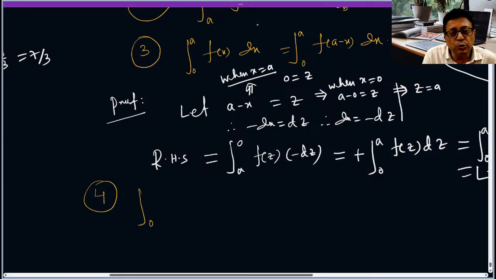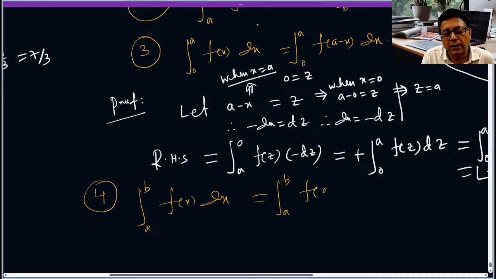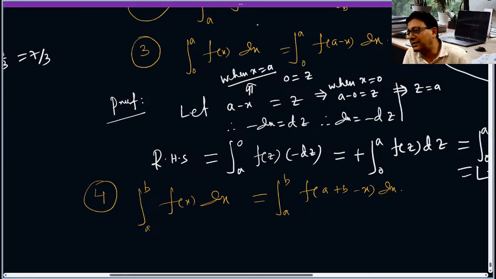It is a to b. ∫ₐᵇ f(x)dx equal to, similar to that, f(a+b−x). Here the lower limit is not 0.